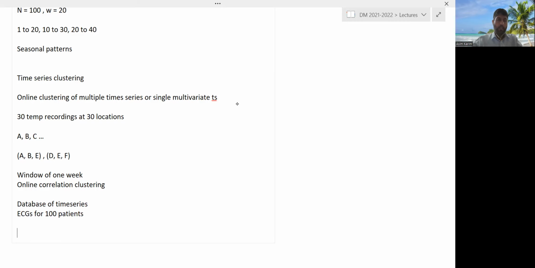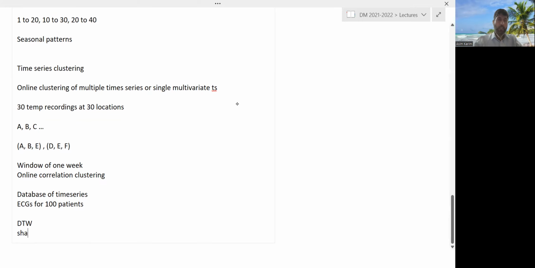Okay? So if the time series are of the same length and the same number of values, of course, you can apply k-means and whatever you like to do the clustering. If they are of different lengths, then you can use the dynamic time warping approach to find the similarity, which basically stretches and contracts the time series so that they match according to shape.